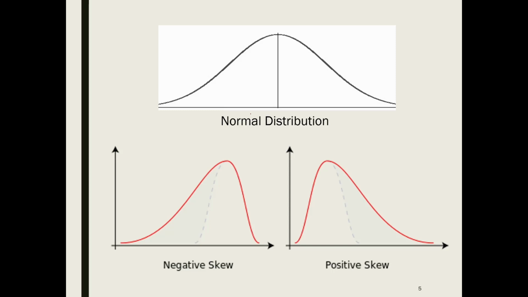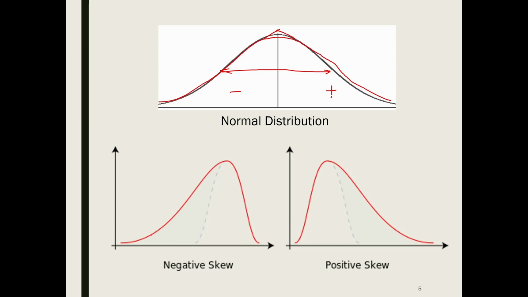You can see the normal distribution really looks like a bell shape, and the left side is identical to the right side. This is the positive side, this is the negative side. They are identical. It only peaks one time here.